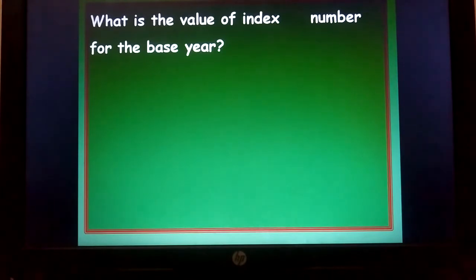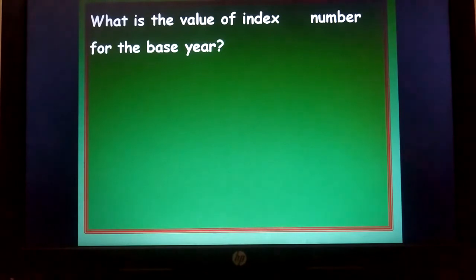Either it has increased or decreased, it can be learnt in an efficient way. That's why the base year index number will always be 100 or 100%.